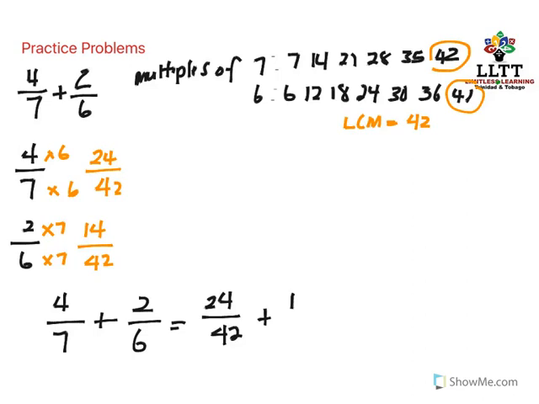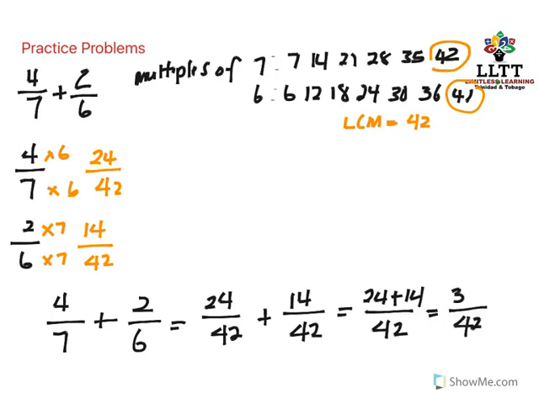2/6 is 14/42. And because now my denominators are the same, I can leave my denominators as 42 and add my numerators, which is 24 plus 14. And that's going to give me 38/42. Now, if you wanted to, you can also simplify this further.